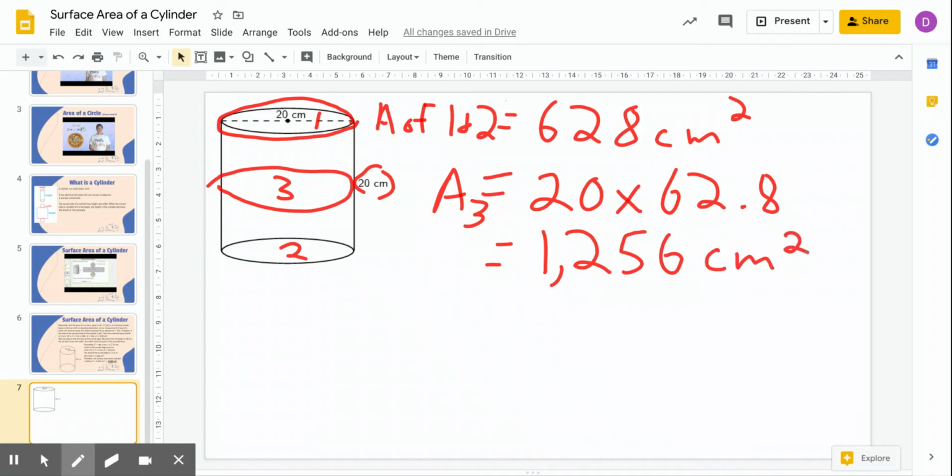Okay, so now to determine the surface area, we need to add the area of all the different surfaces together.